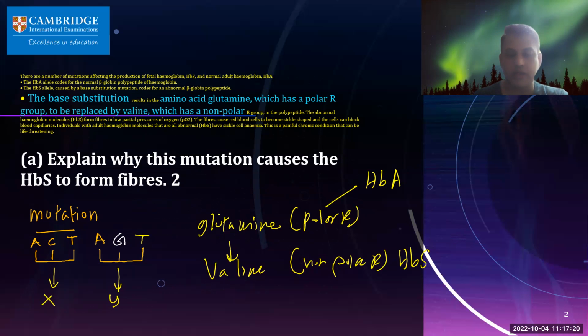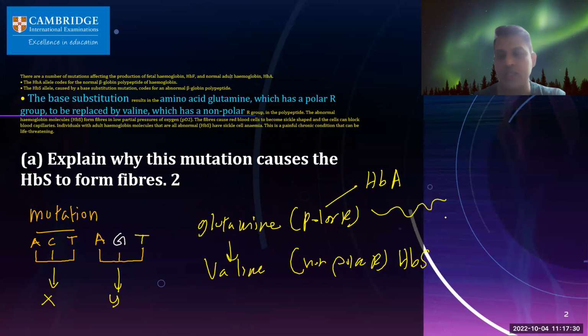When protein is synthesized, the first product is the polypeptide chain. The polypeptide chain is formed inside the ribosomes. The polypeptide chain has the primary structure.